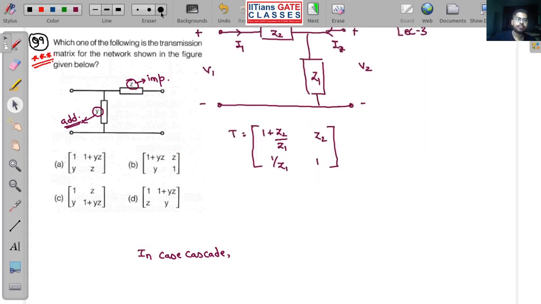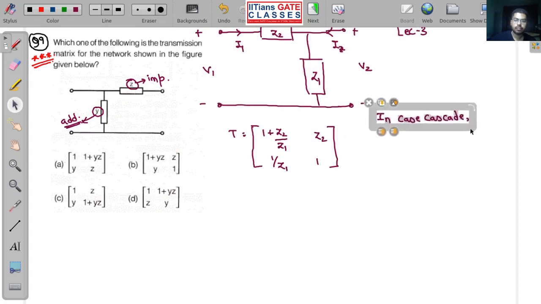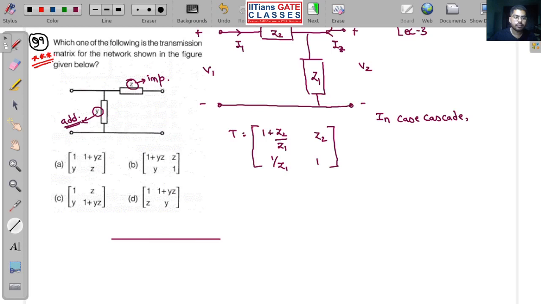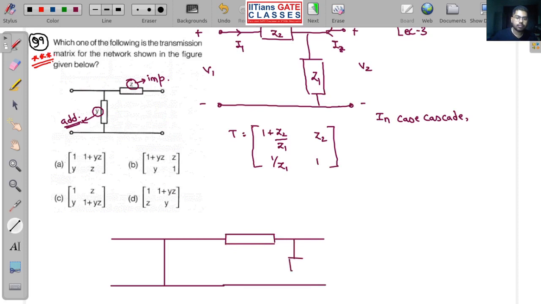So now you can see, I can break this circuit like this. So how can I write this circuit? Look very carefully.